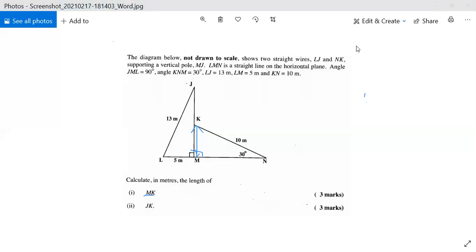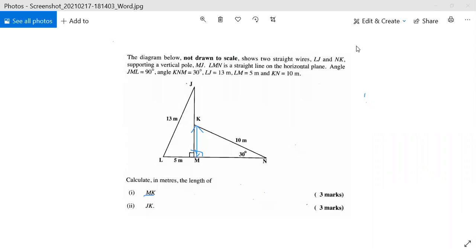Also, we have an angle which is marked as 30 degrees. So we can use that as well to help us find the length of MK.